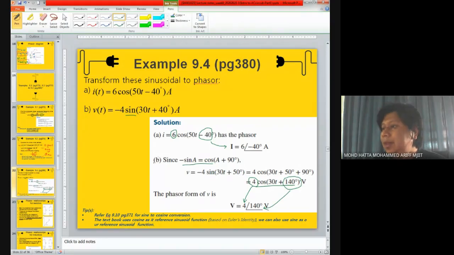For example, if you use sine, the first question needs to be converted into sine. And the second equation, for part B, has a negative sine. You need to convert it into a positive value.